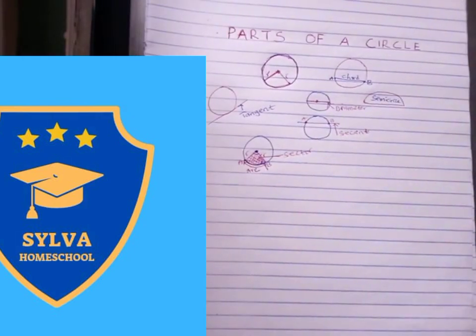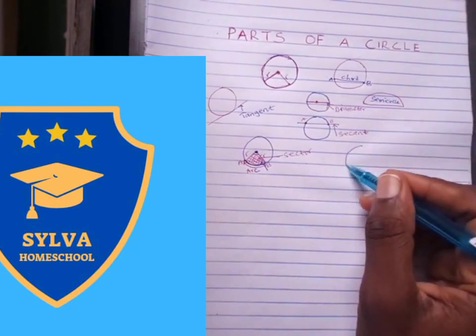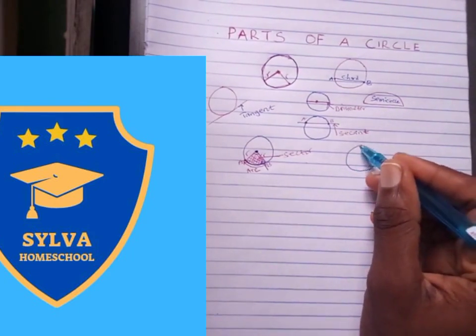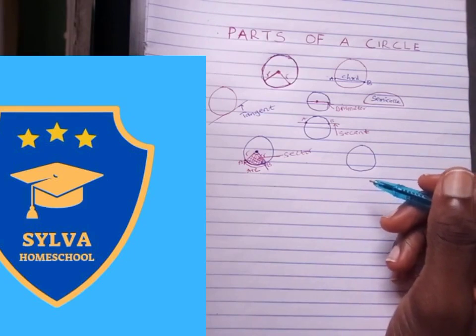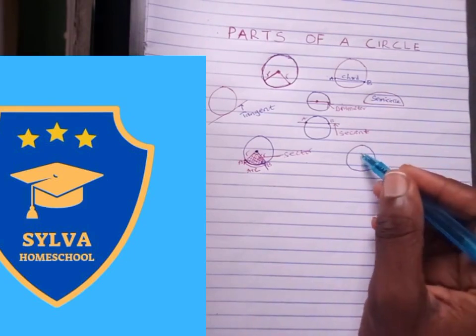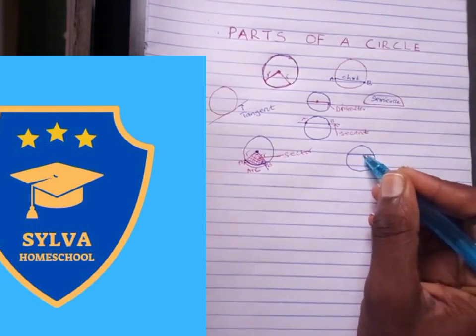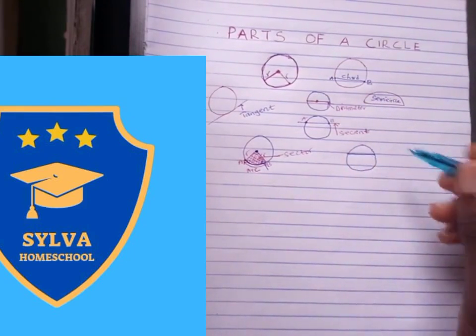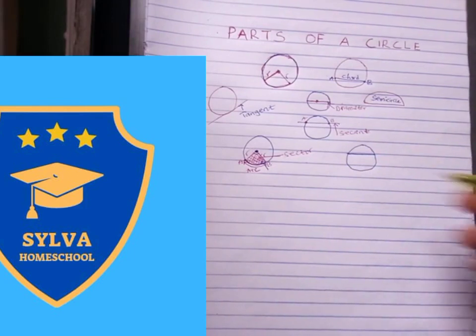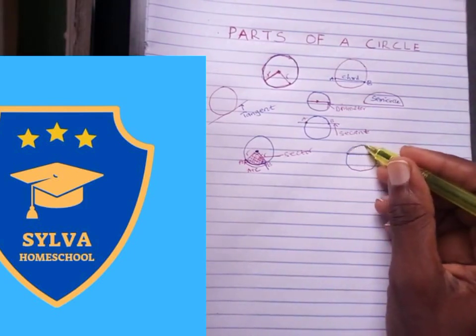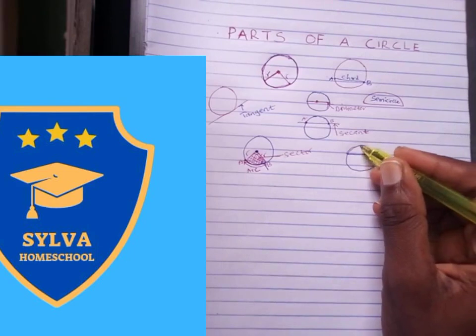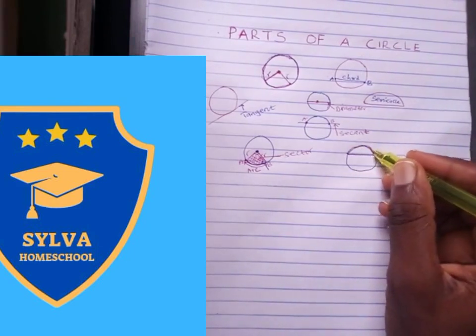Now let's look at another part of the circle, which is called a segment. The segment of a circle is bounded by a chord. This is a chord. And an arc. This is the arc.